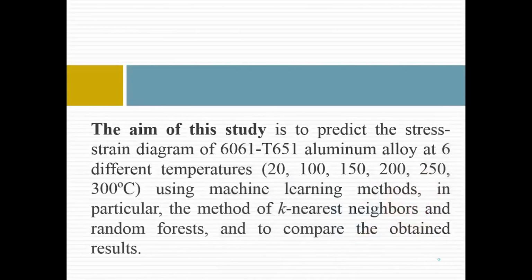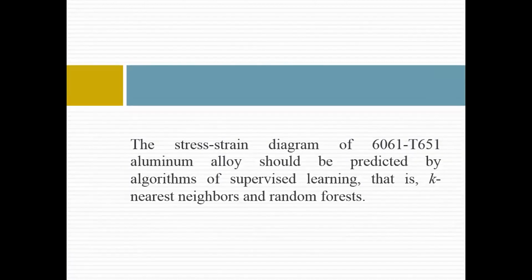The aim of the study is to predict the stress-strain diagram of 6061 T651 aluminum alloy at 6 different temperatures: 20, 100, 150, 200, 250, 300 degrees Celsius, using machine learning methods, in particular the methods of K-nearest neighbors and random forest, and as a result to compare the obtained results.